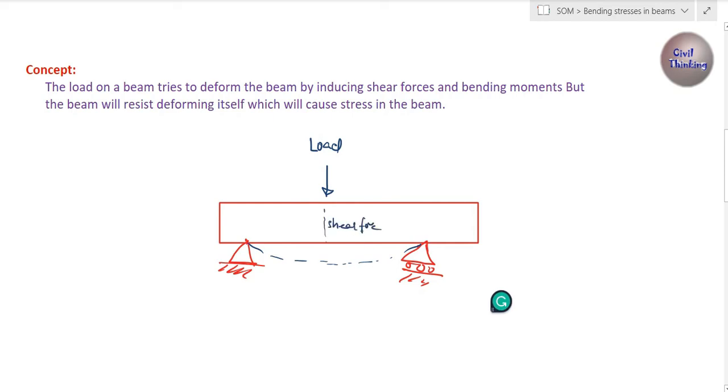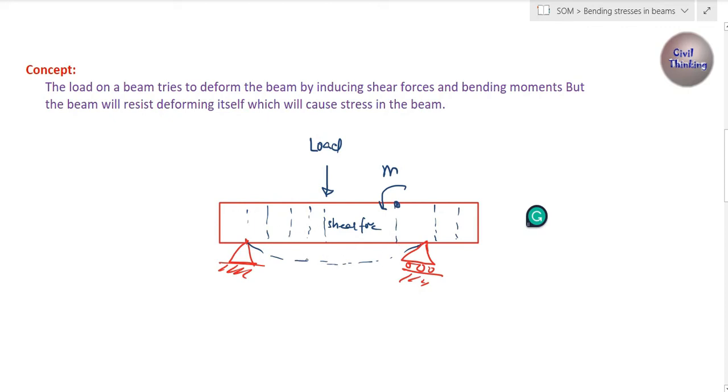Shear force also at some distance. In fact, at all the sections, the load induces shear forces and bending moments, right? At every point there will be a bending moment, like this moment, because the load is here, so this load will try to rotate this point in this direction, so there will be a bending moment.